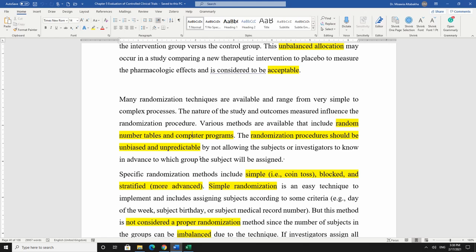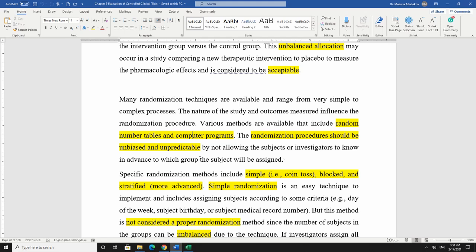Maybe more heads come up as you toss the coin, so you have more in one group. Also, you might have more hypertensive patients in one group than the other. This is simple randomization.